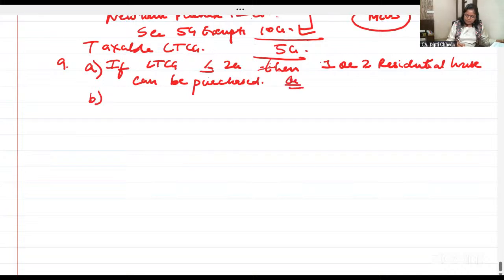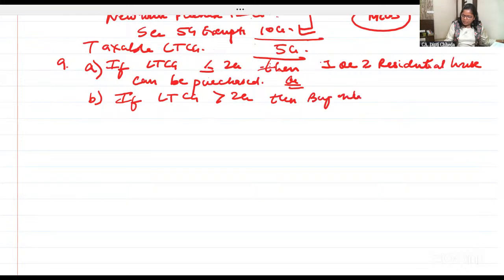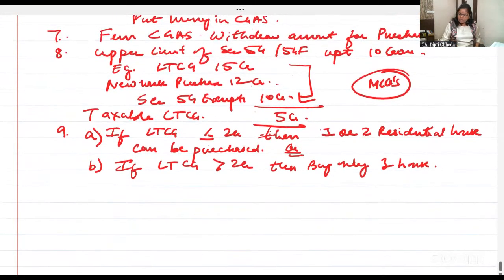Or if long-term capital gain on selling the house is more than 2 crore, then buy only one house. Sell one house, buy one house. See, these 2 points are very, very important for MCQ. Write it and ask what is your doubt.